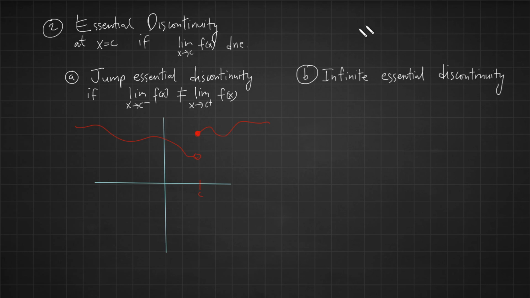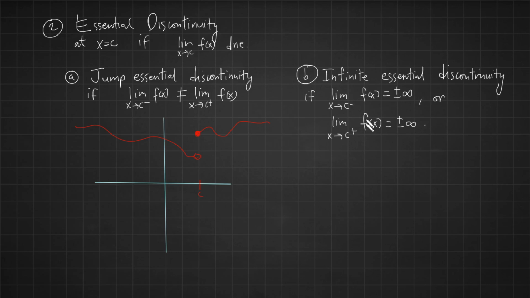And this happens if we have an asymptote at x equals c. And when does that happen? It happens if the limit as x approaches c from the left is equal to positive or negative infinity, or the limit as x approaches c from the right is equal to positive or negative infinity.